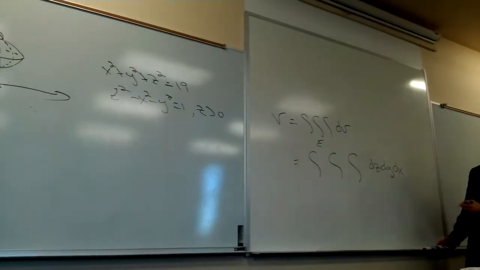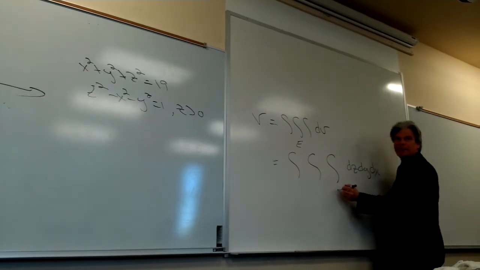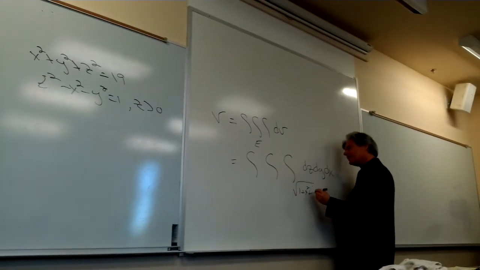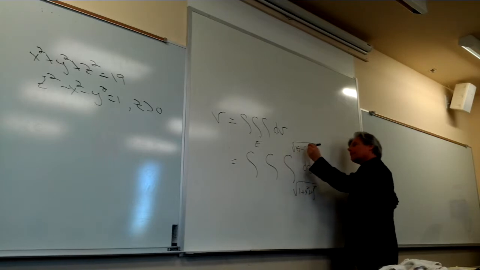Now I think the z values change from the square root of x squared... Oh, how nice. And the upper bounds are going to be, is it minus? Yeah.